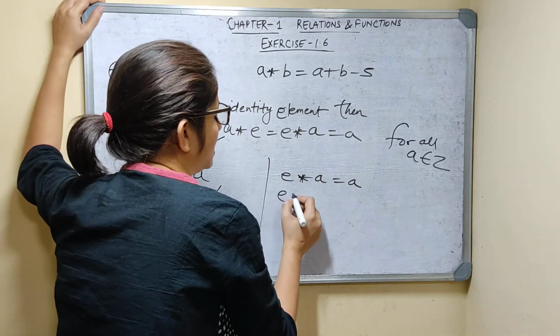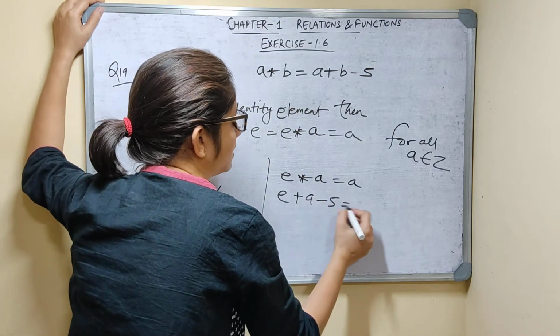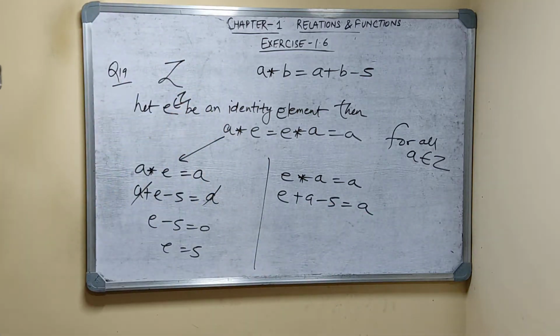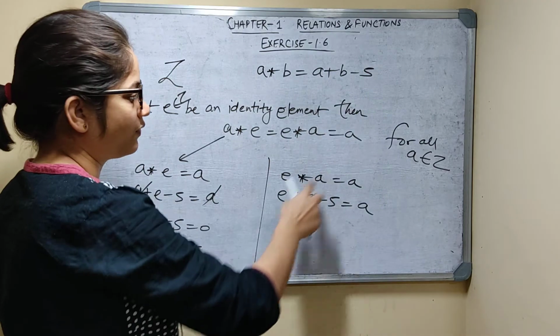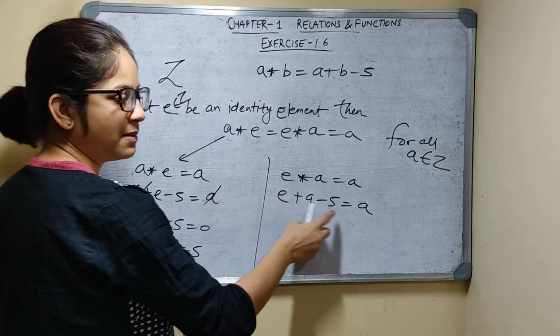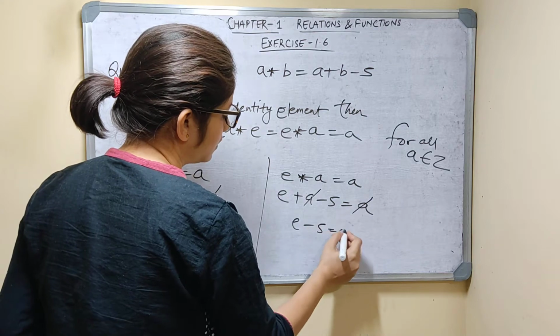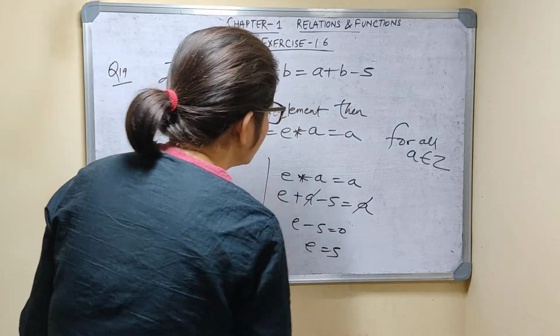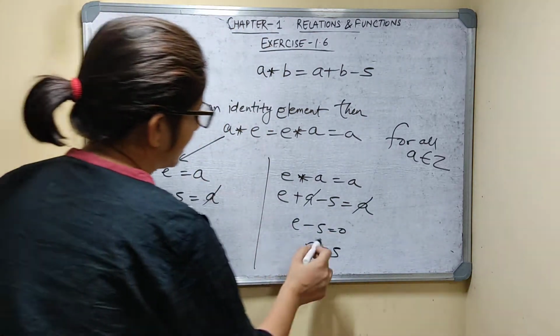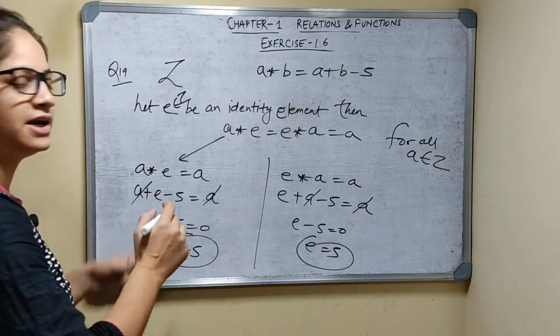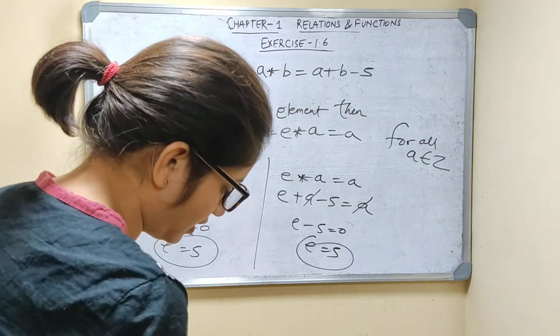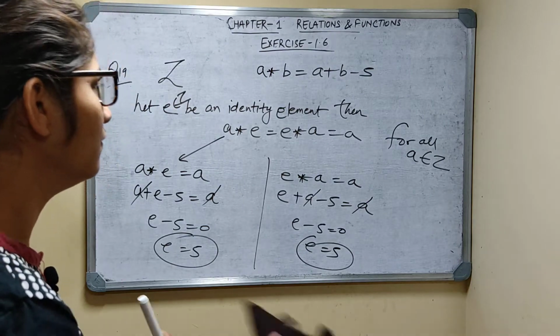If I solve this, e + a − 5 is equal to what? a. So e * a will be e + a − 5 is equal to a, a cancels. So e − 5 is equal to 0. So definitely I can say e is equal to 5 is an identity element for this operation. Is it clear? So e is equal to 5.